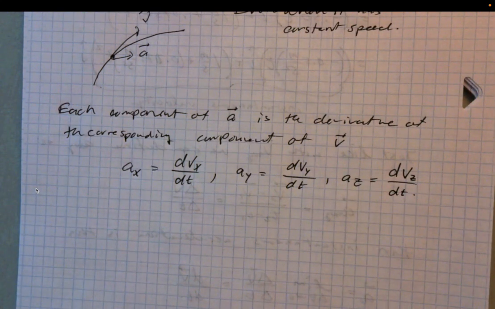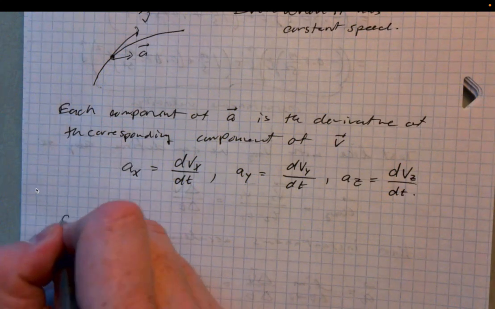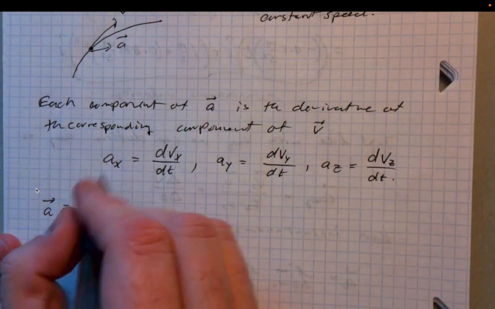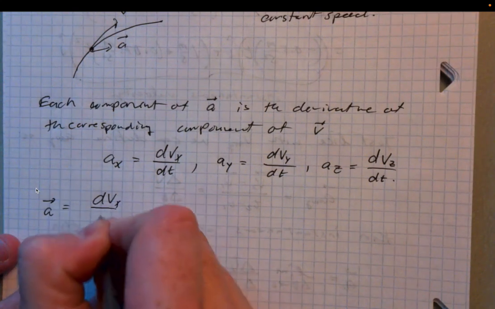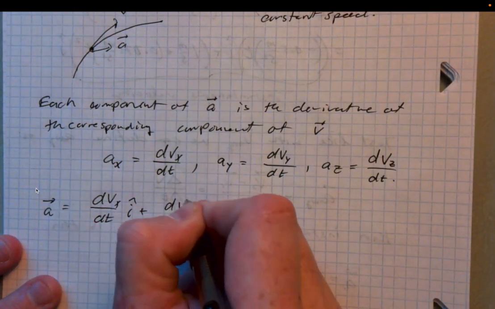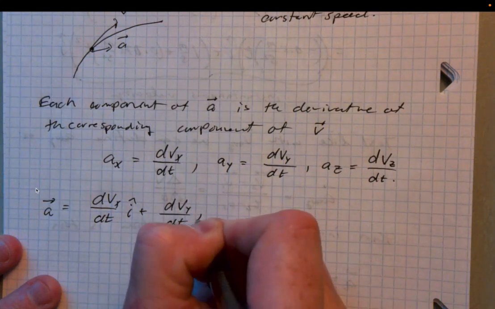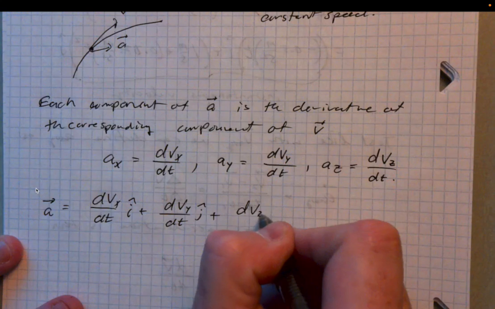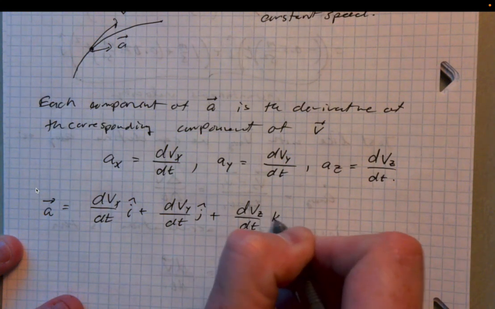Right, and so we could say that the acceleration vector is equal to dvx over dt i hat plus dvy over dt j hat plus dvz over dt k hat.